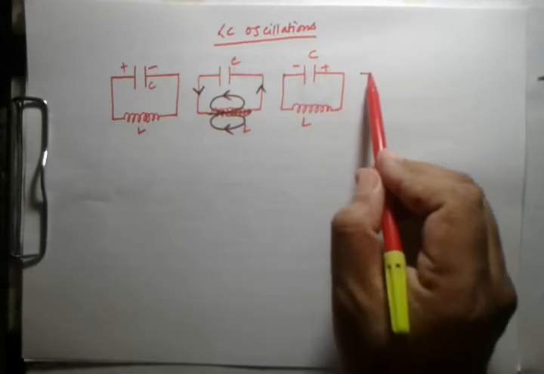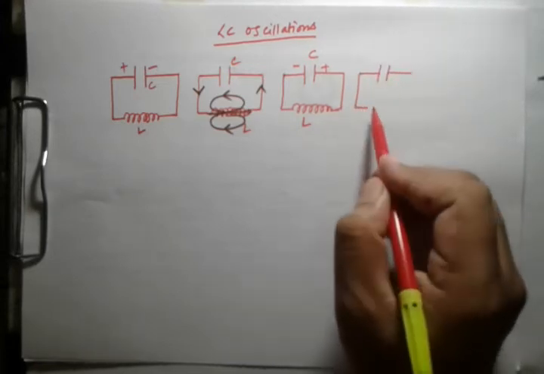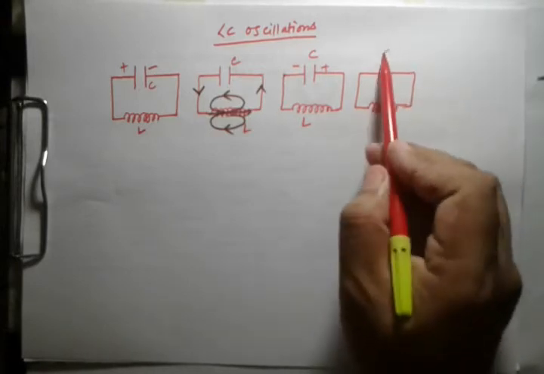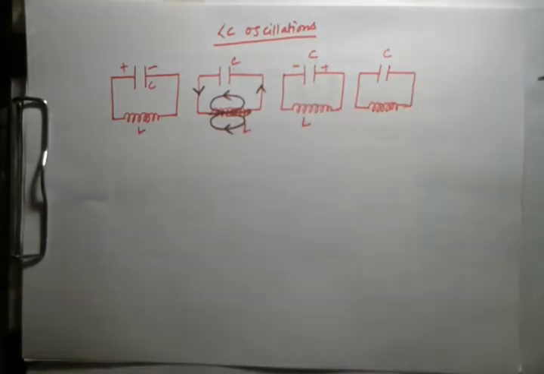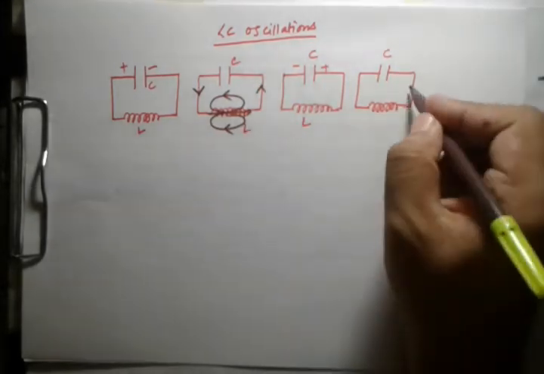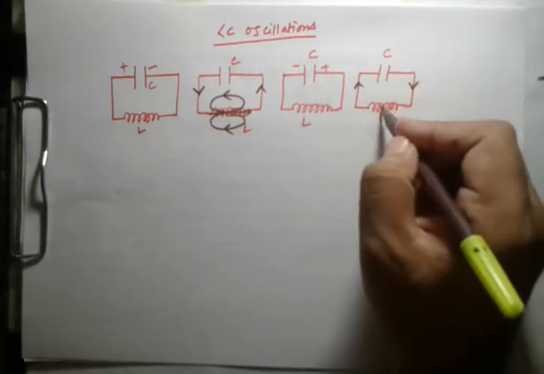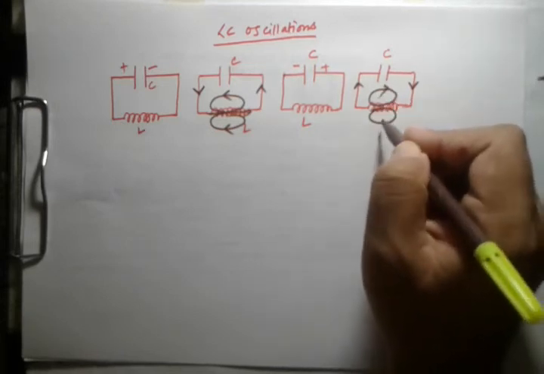So in this next picture, the capacitor will again discharge through the inductor. And this time, the current will be in the opposite direction, that means in this direction. The magnetic field will also be produced in the opposite direction, in this direction.